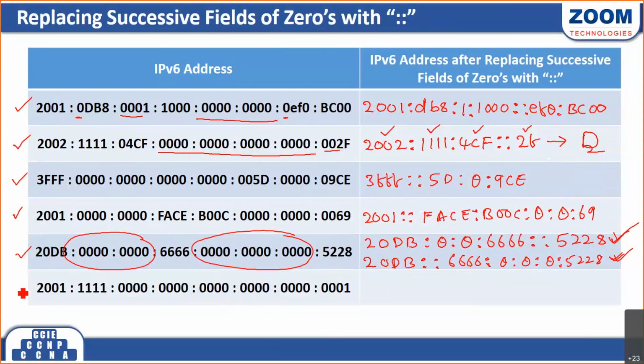And finally, the last example: 2001 colon colon 1111 1111 double colon double colon 1. So this 128-bit IPv6 address, we have represented very simply by using the basic 3 rules.